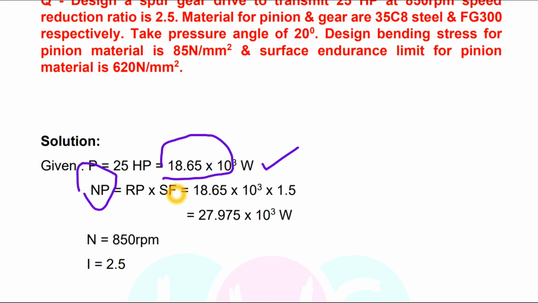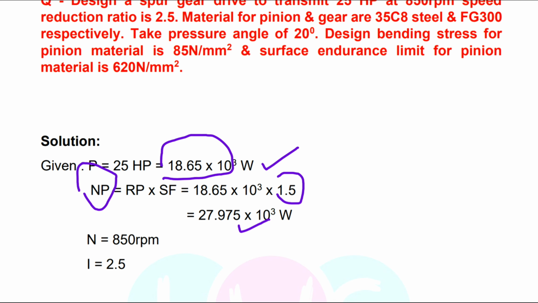Sometimes the service factor value is given in the question, so take that value, and when it is not given in the question, always assume 1.5. So rated power into service factor, after calculating this we will get 27.975 into 10 raised to 3 watt, which will be our nominal power.